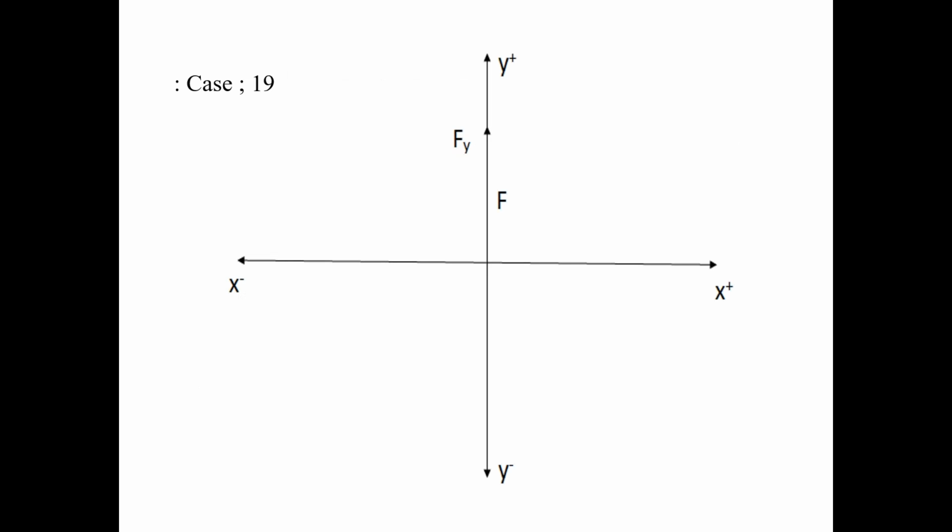Then the 19th condition. Check that 19th condition in the projections of force. In the 19th condition, the force F is acting along the y-axis, not in the inclined direction.